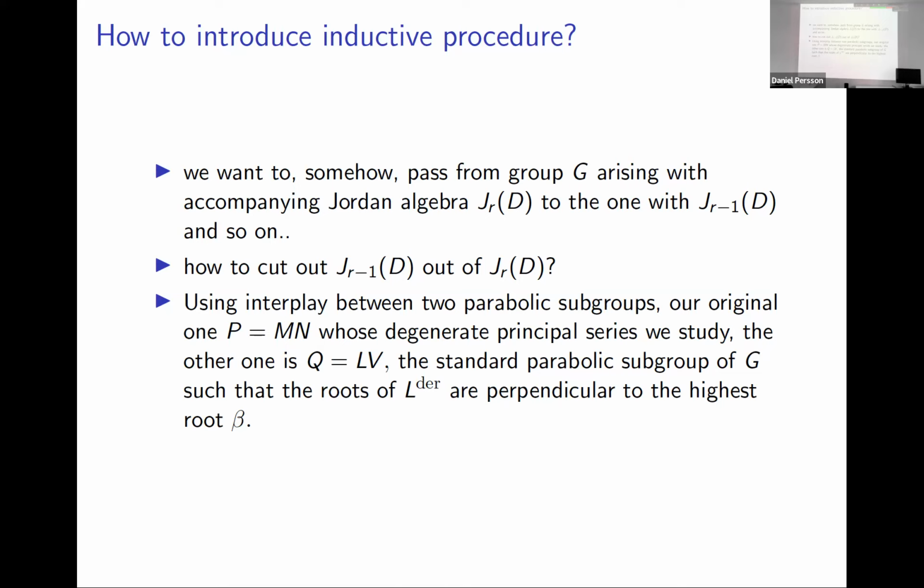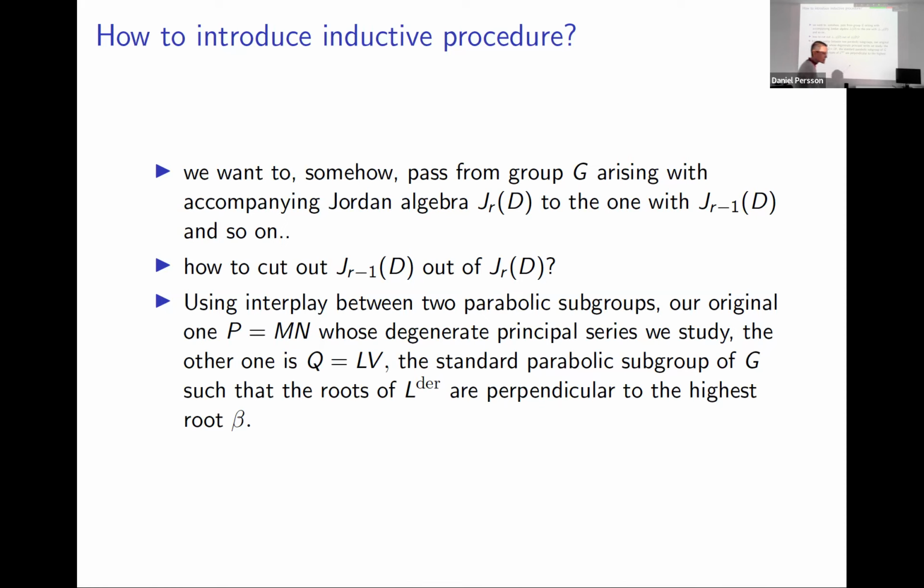But we have another parabolic subgroup whose unipotent radical is actually the Heisenberg group.